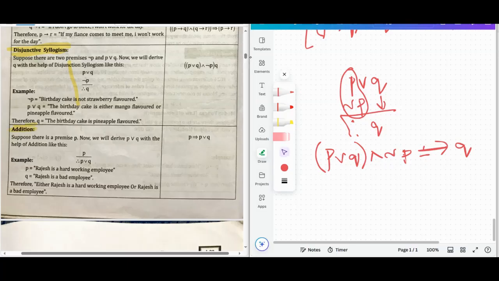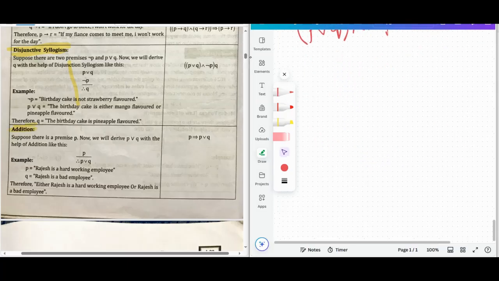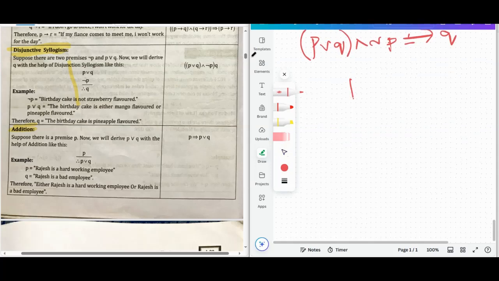Addition law says if you have P, then we'll have P or Q. For example, Rajesh is a hardworking employee, so we can say either Rajesh is a hardworking employee or Rajesh is a bad employee.